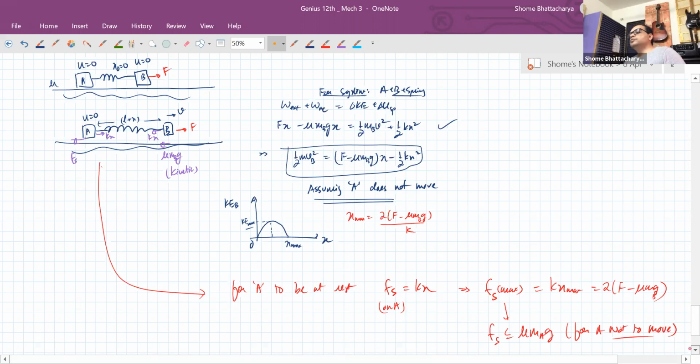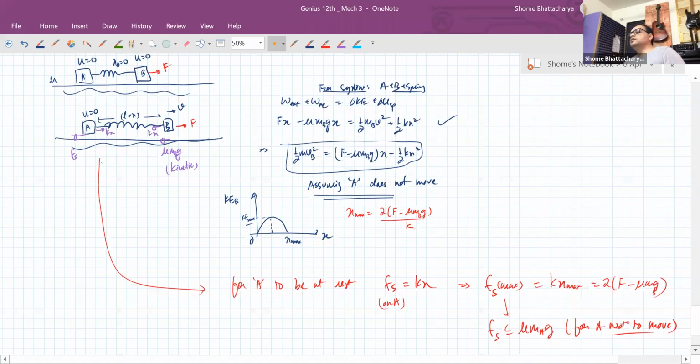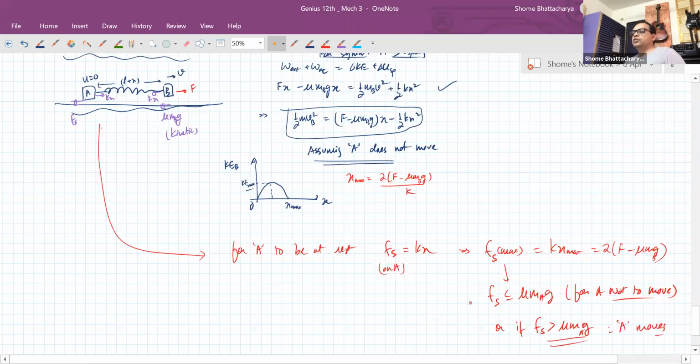If it has become more than this, then A moves. So from here you can see that if K x max becomes greater than this, then A cannot have been at equilibrium.